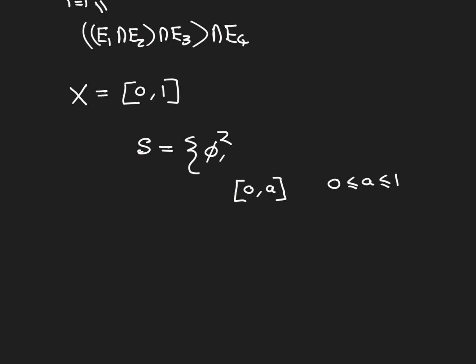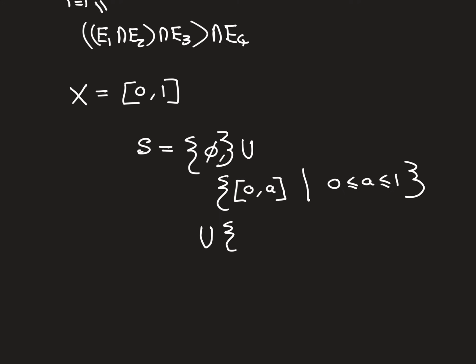So I might try and write this out a bit better. We'll have this set, union the set of all these intervals such that A is between there, and then we'll have some more things.